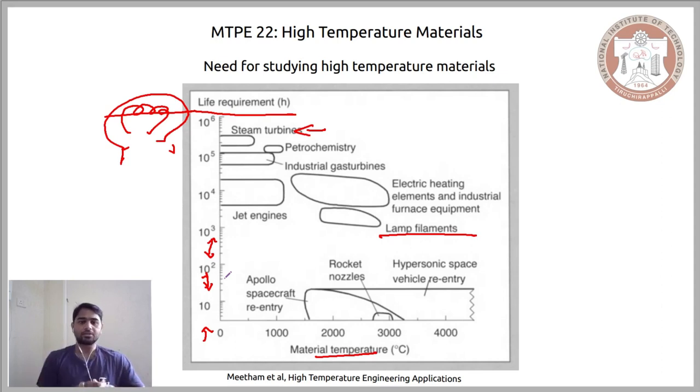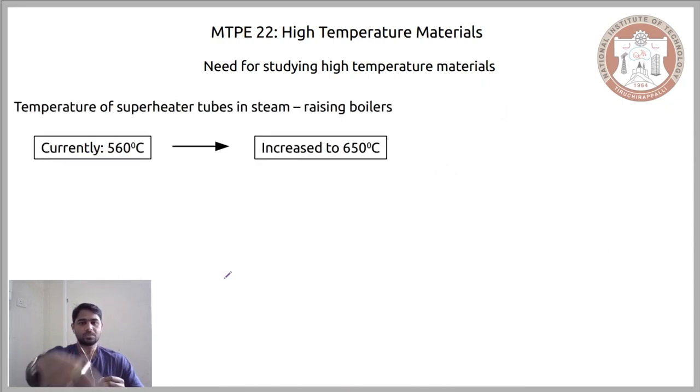Now, coming back to quantitatively showing that by virtue of high temperature materials, we can optimally use the non-renewable resources. We can see an example here. Currently, the superheater tubes in steam raising boilers play a role in increasing the temperature of the steam.